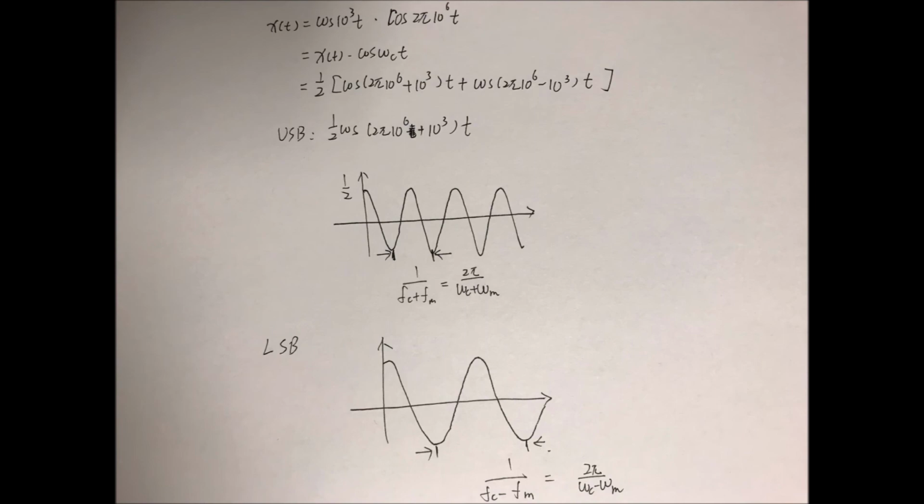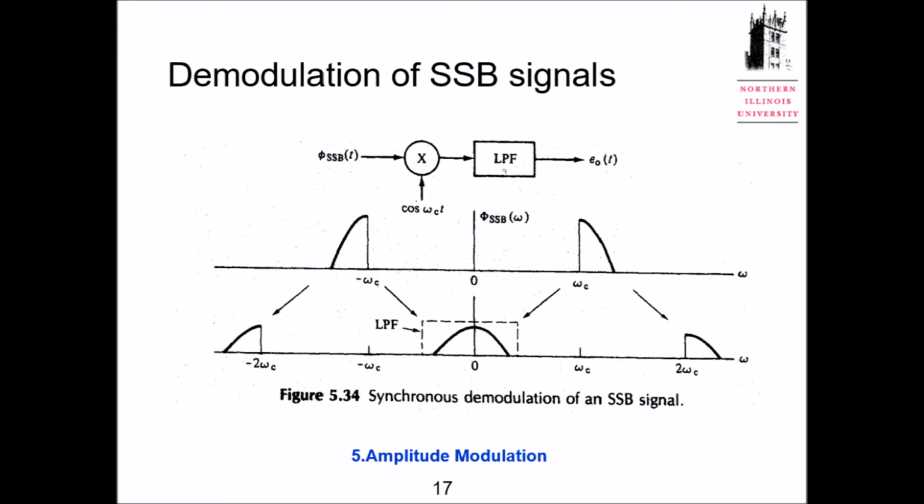Similar to suppressed carrier, we use a coherent receiver or synchronized demodulator. No matter whether you have upper or lower sideband, we mix with the carrier, go through a low pass filter, and we get our original signal recovered. So this is an example with upper sideband.